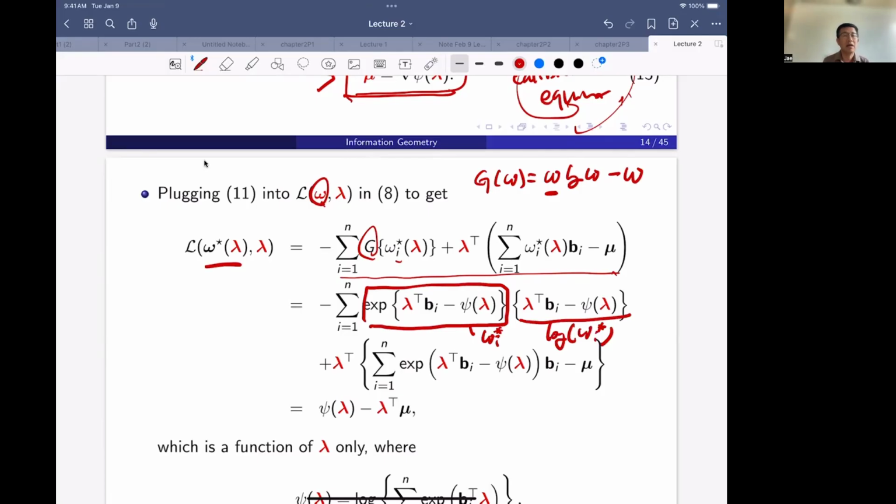And then minus, well, we don't have to worry about the minus or plus, the summation of omega I star, because this is essentially constant. This is 1, right?